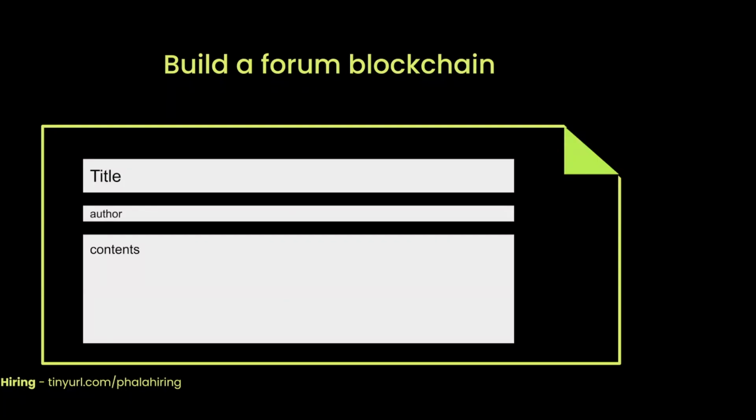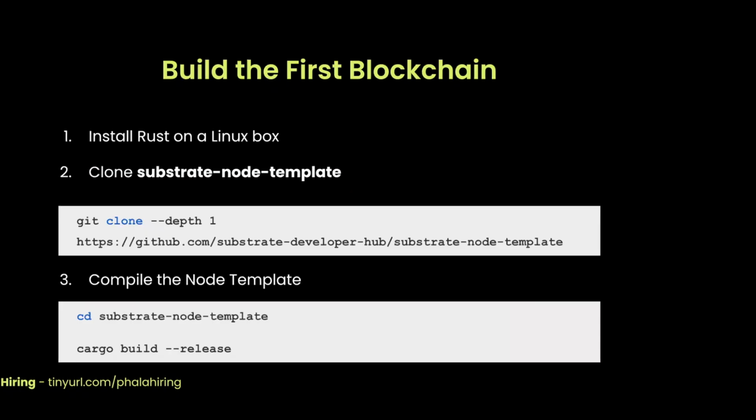A post should have at least a title, some content, and also the author of the post. So we're going to start from the Substrate node template and turn it into a simple blockchain that can post messages like a forum.